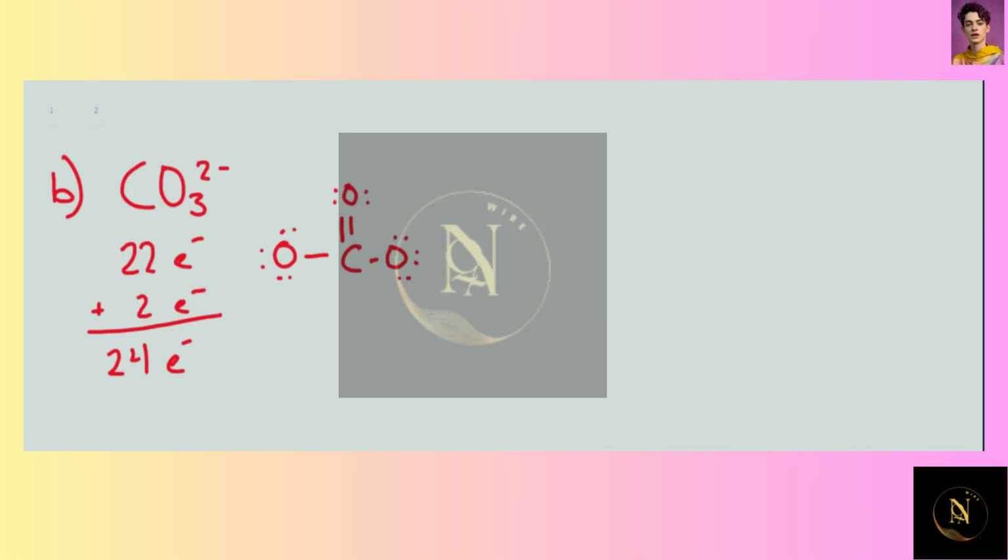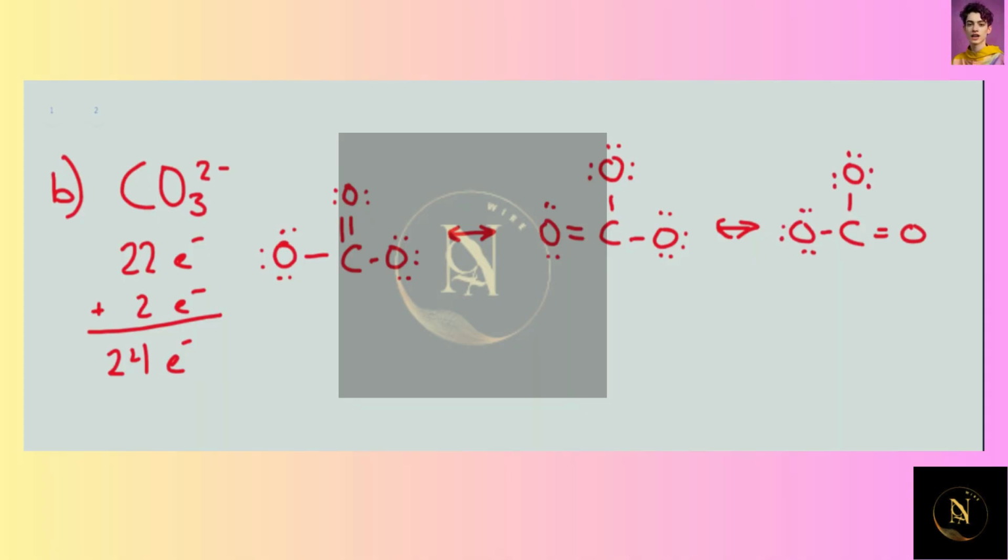But since we have 3 oxygens, it could be any one of them. So it could be the oxygen on the left, or the oxygen on the right as well. All 3 of these structures are equivalent.